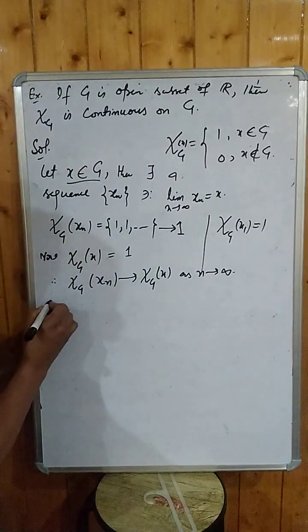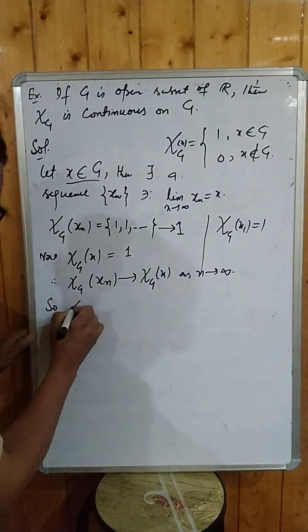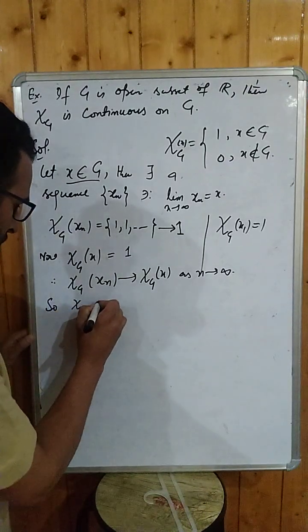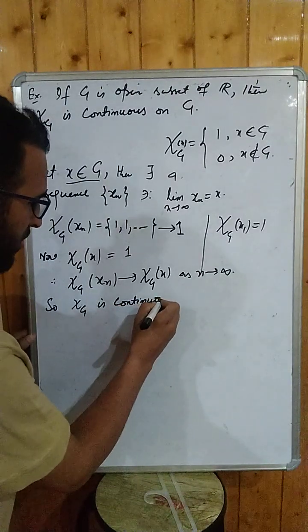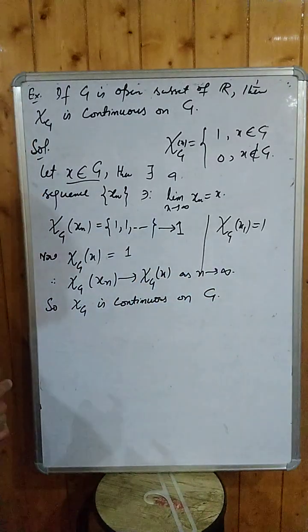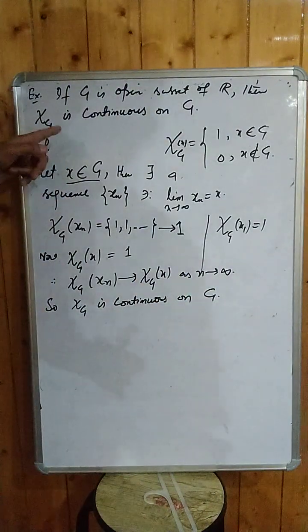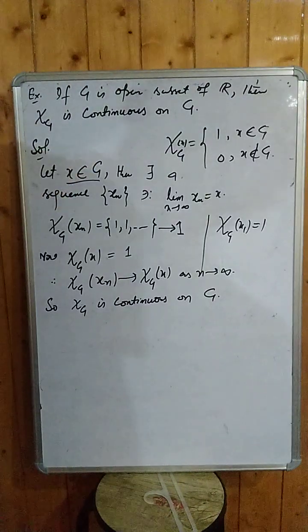So chi G is continuous on G, because x was an arbitrary element of G. Right? Thank you.